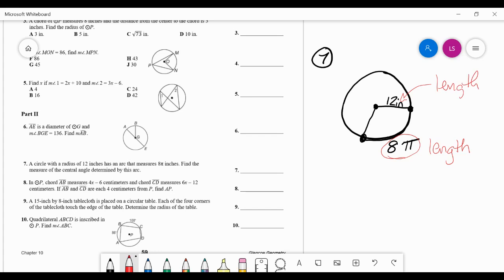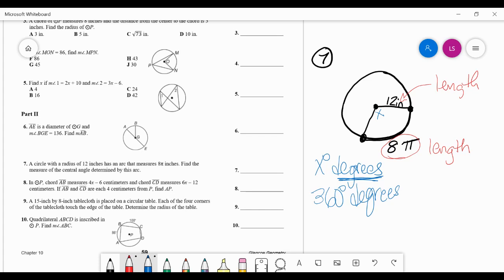And we are looking for the central angle determined by this arc. That's this. X is degrees. So this is X degrees, so that has to do with 360, which is also degrees. So don't confuse length with degrees.